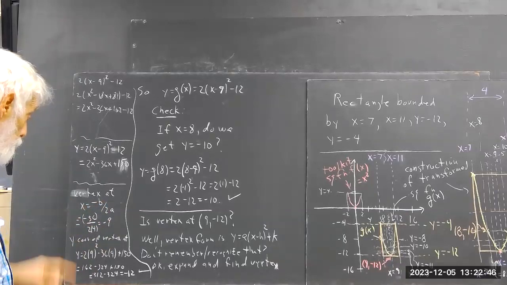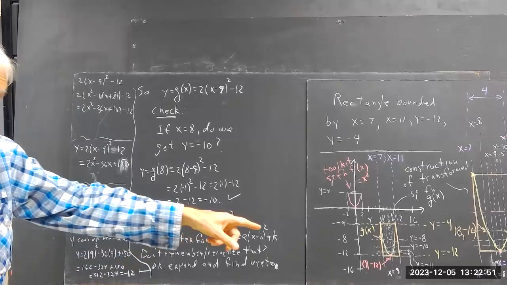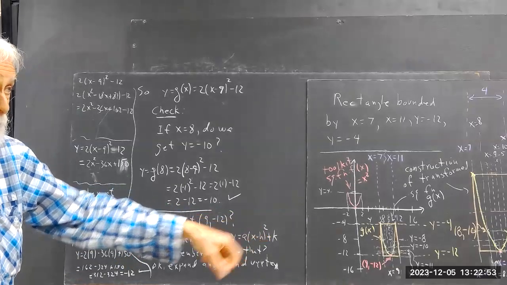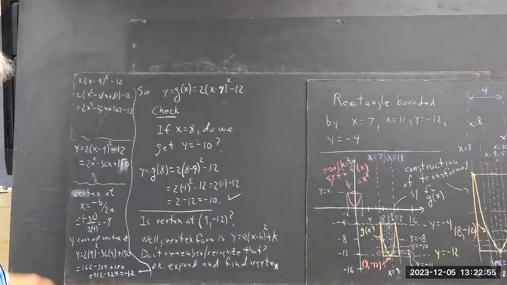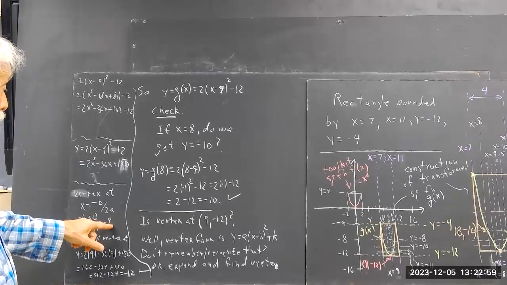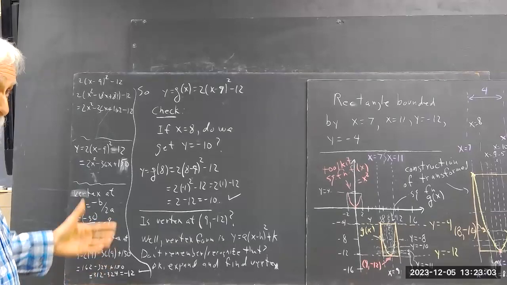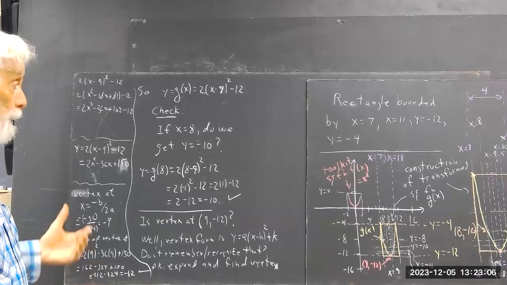So we get the x coordinate of the vertex, and it comes out -9, so that agrees with the graph that we've constructed. Then the y coordinate of the vertex, you plug in the x coordinate and you get the y coordinate. That's all you need to know, and you get the vertex.